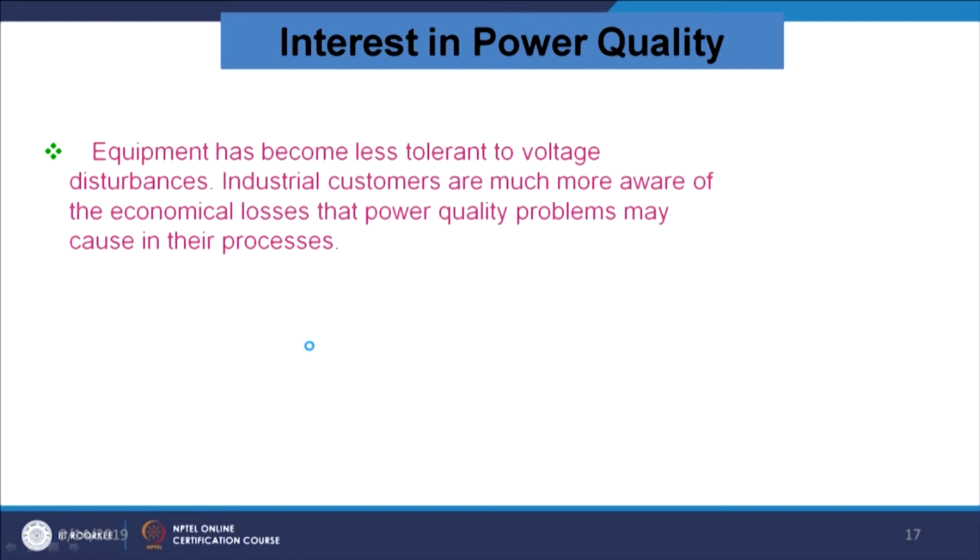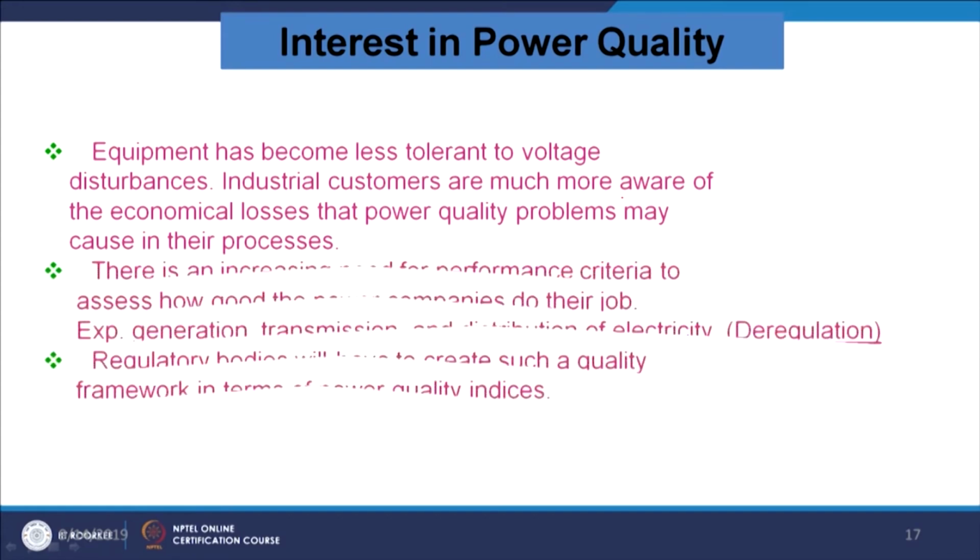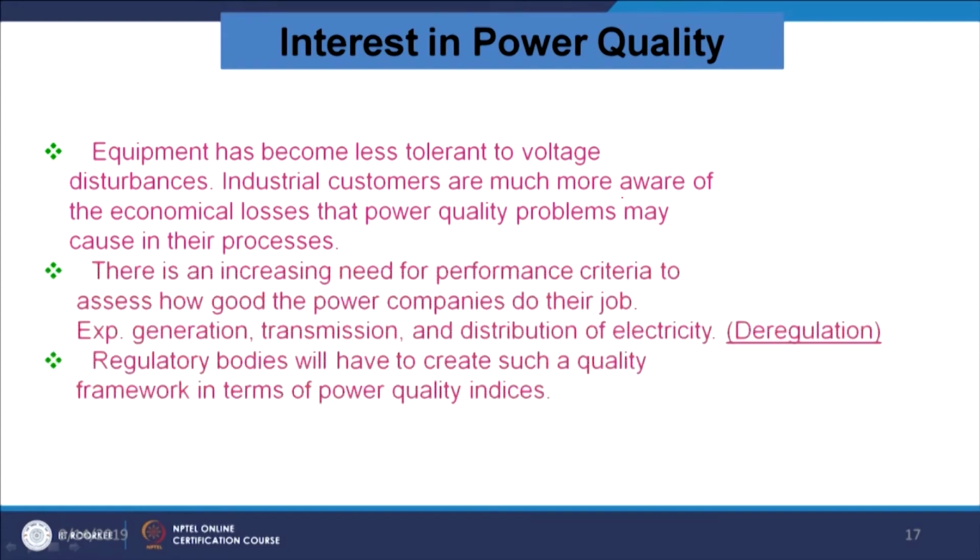Industrial customers are more aware of the commercial losses that a power quality problem may cause to their process, and they ask for compensation, and there is an increased need for performance criteria to assess how good the power company is doing its job.